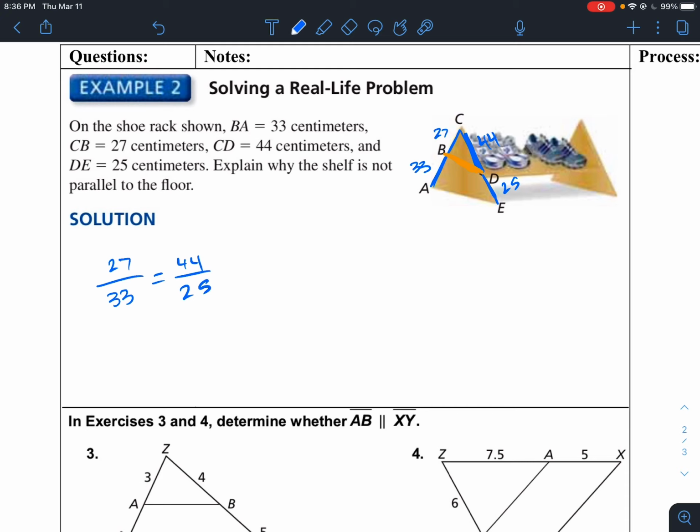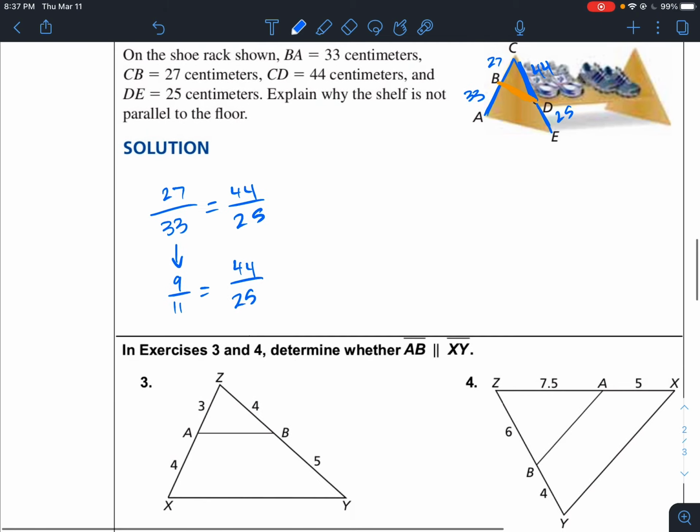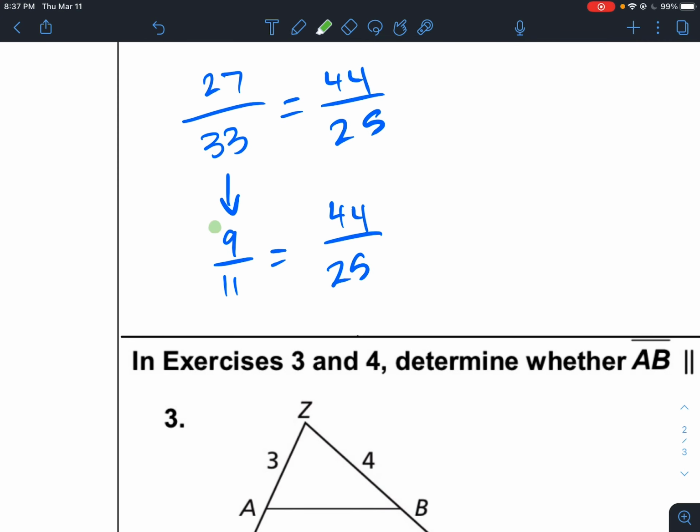Okay? And if you reduce these fractions, well, 27 and 33, this can reduce to 9/11ths. And I don't think that we can reduce this one right here, so 44 over 25. But here's the thing. This fraction right here, this ratio is less than 1.